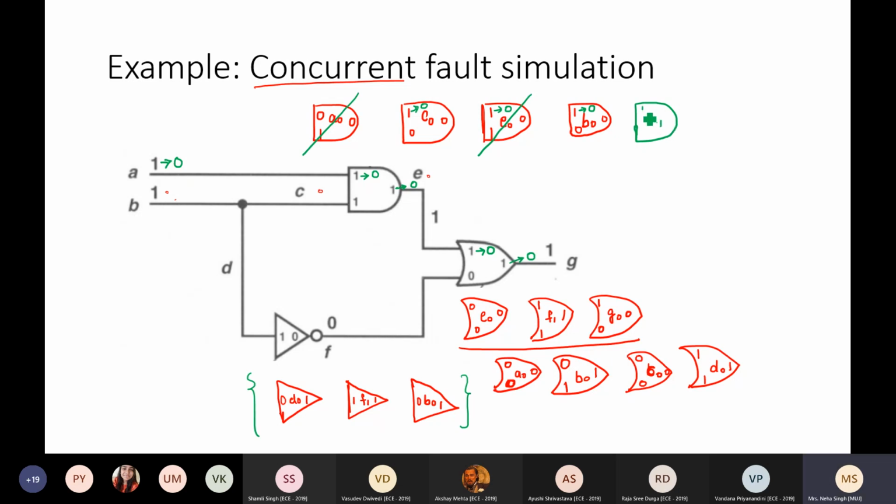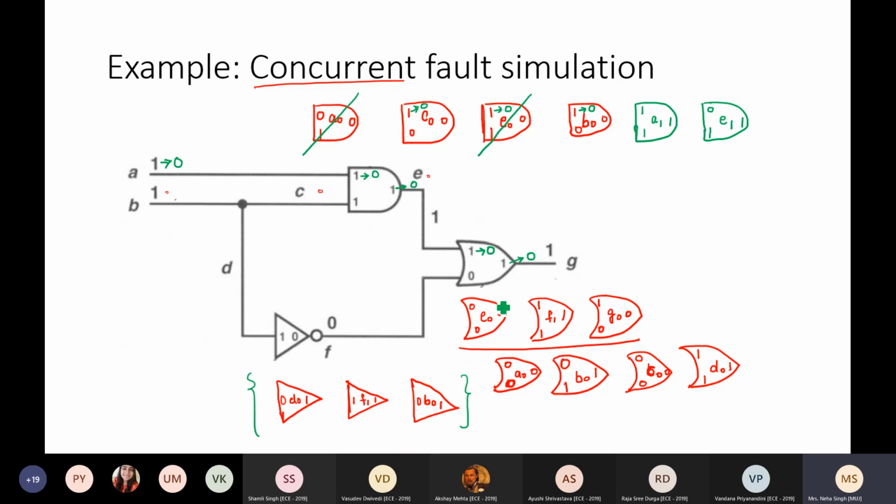If A is stuck at 1, the inputs become 1 1 and the output also becomes 1. Other than that, E will also show a stuck at 1 fault. If E is 1, the input remains the actual 0 1, but the output is 1. So these two faults are added in this step and these two faults are eliminated in this step.